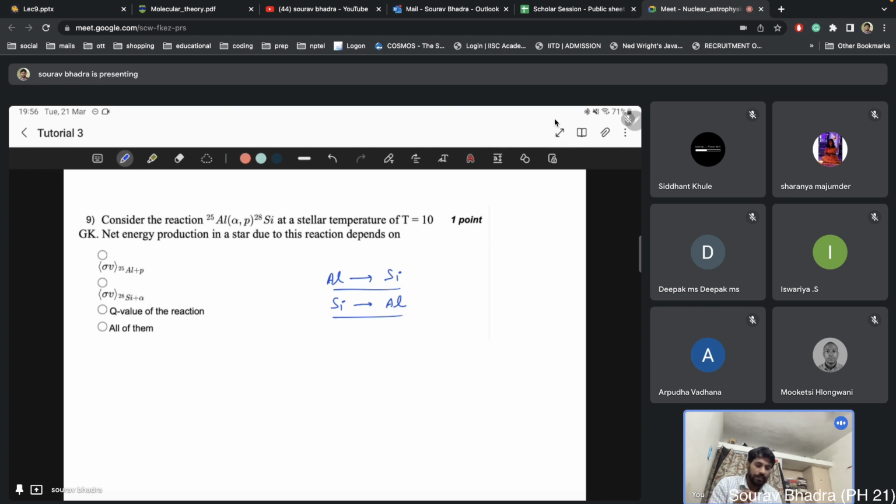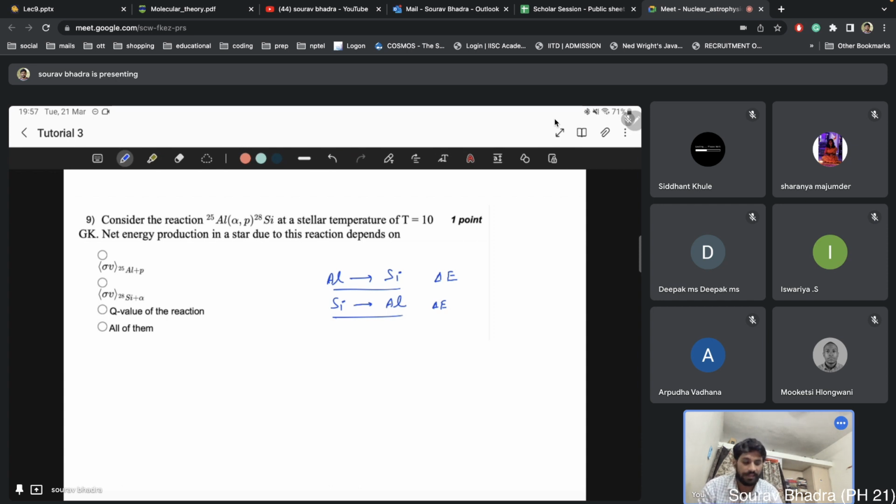both of these nuclear reactions will contribute in the energy production, because if suppose here delta E energy is produced and here delta E energy is absorbed, then the net energy will be 0. But in a stellar atmosphere the rate of the forward and reverse reaction is not the same.